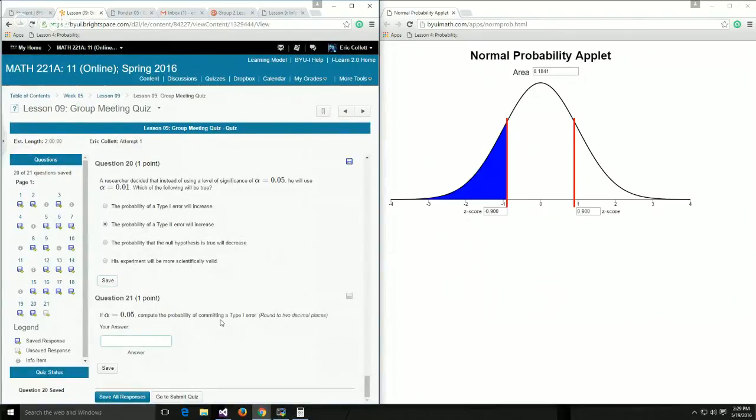And then this asks what the probability of committing a Type I error is if you have a 0.05.